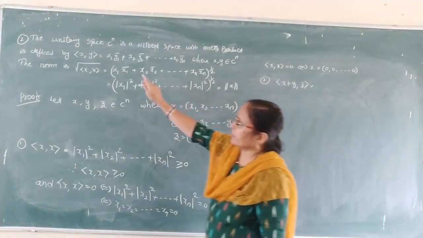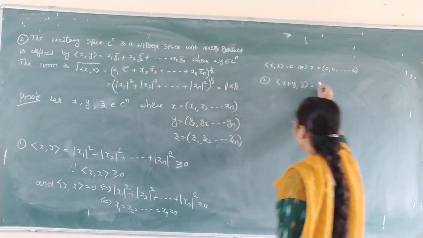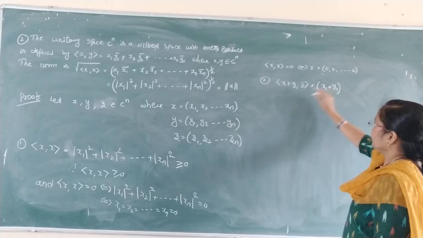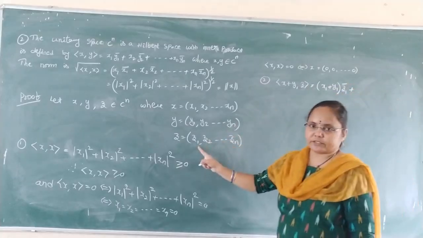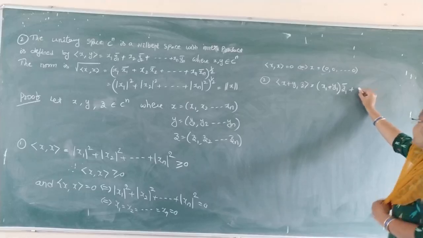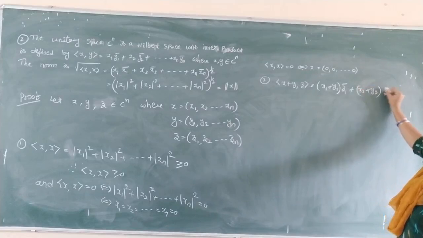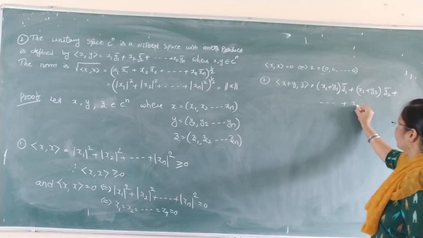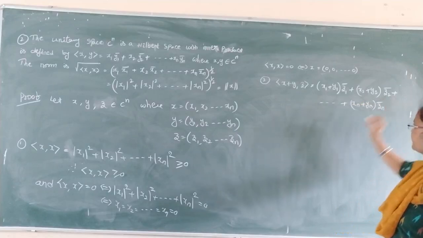With the second term, the bar exists, so directly it can be written as x1 plus y1 into the second term bar. The second term z has the first variable z1, so z1 bar, plus x2 plus y2 into z2 bar, plus so on, plus xn plus yn into zn bar.